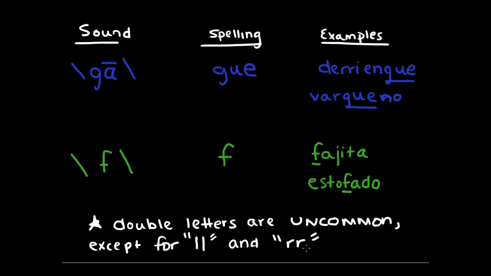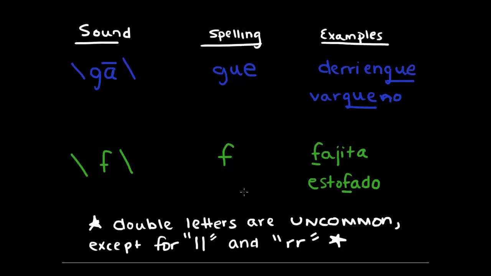So it does count as common here because there are instances where it happens. Otherwise, you're not ever going to really see double letters or double consonants in Spanish. So the real double consonants you're going to see are LL and RR. Other than that, you should keep every consonant single, because Spanish is simple and that's how they spell their consonants.